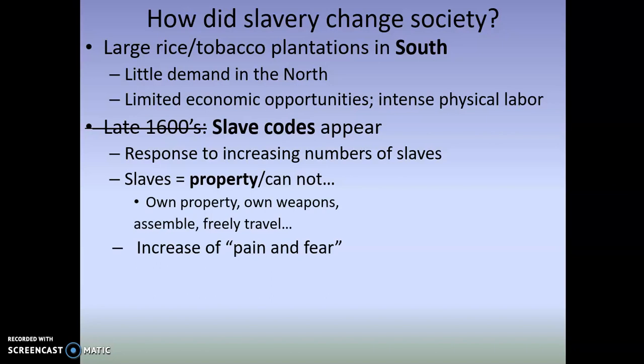Some runaways had limbs or parts of their body removed. And the death of a slave from excessive punishment just would not lead to any legal repercussions for a master. So by and large, it's not a good situation.